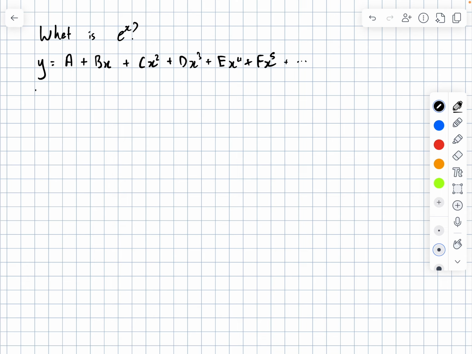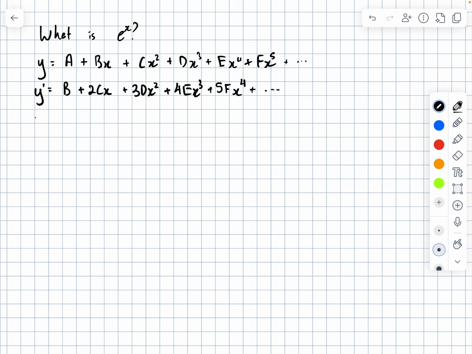When you differentiate this function, it should give the same as the previous one. So we differentiate it. A differentiates to 0, bx differentiates to b, cx squared differentiates to 2cx, dx cubed differentiates to 3dx squared, and we keep going. 4e x to the power 3, 5f x to the power 4, and so on.